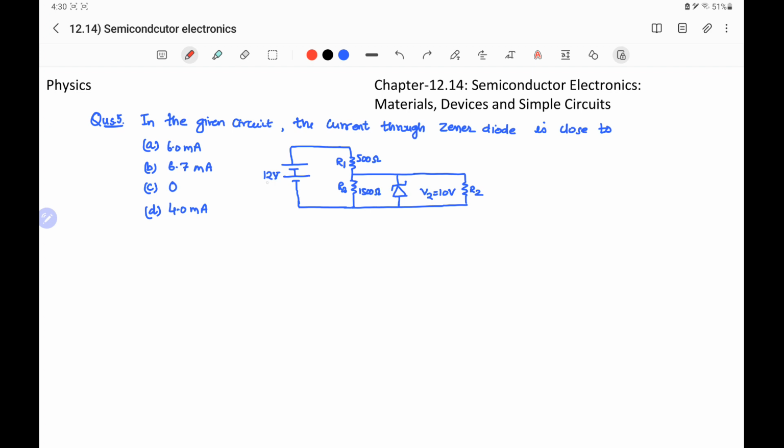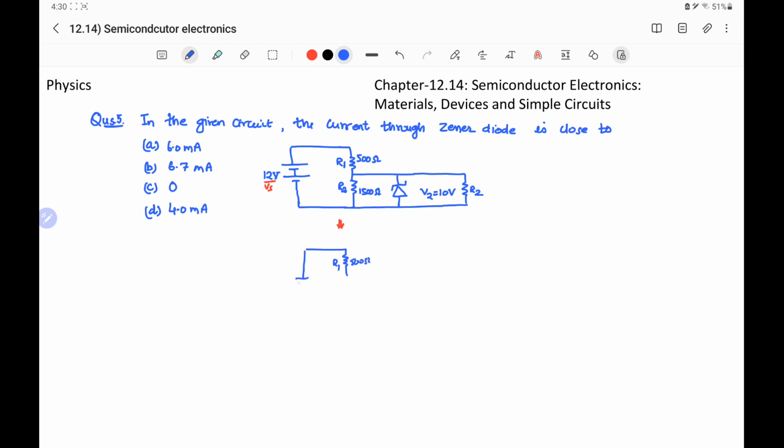Here, this 12 volt is the source voltage, and R1 is the source resistance, which is having the value 500 ohm, and it is connected with the Zener diode, and Zener diode is connected with two parallel resistors R2 having the values 1500 ohm. If we redraw this figure, this is the resistor R1, which is having the 500 ohm.